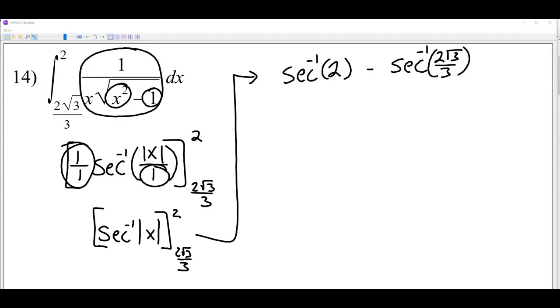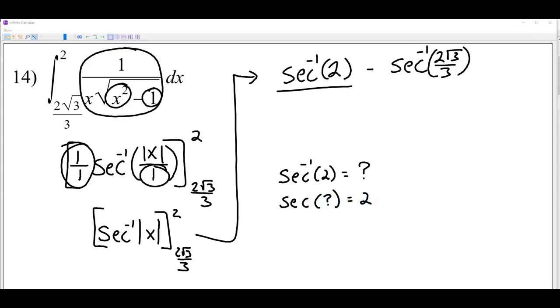So first of all, I'm going to focus on this one. I want to know, what is arcsecant of 2? Well, we can rewrite that as a normal secant if we just switch the question mark and the 2 around.